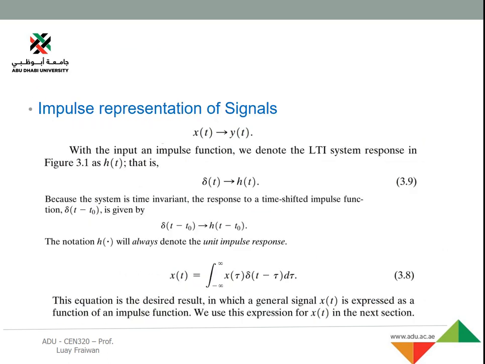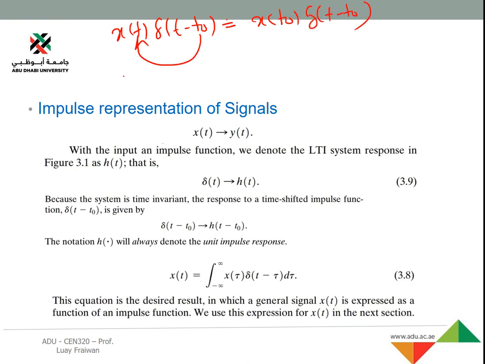Now we are going to study the impulse representation of signals, that is, how we can represent signals in the form of impulses. Before going into this, let's quickly review some properties of the impulse from the last chapter. A very important property is that if you multiply an impulse with any function, we get the function value at the impulse location times that impulse.